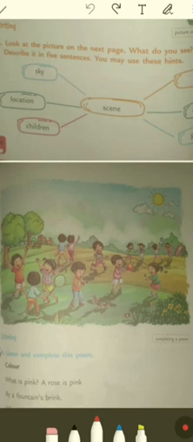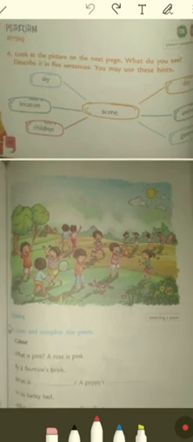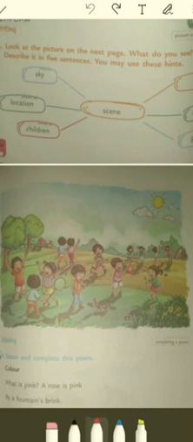So describe in 5 sentences. You may use this hint. Sky, scene. You can say the sky is bright and beautiful. So many children are playing in the park. A squirrel hops and skips nearby. Some children are playing badminton.